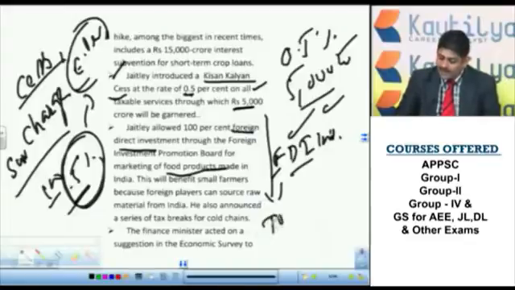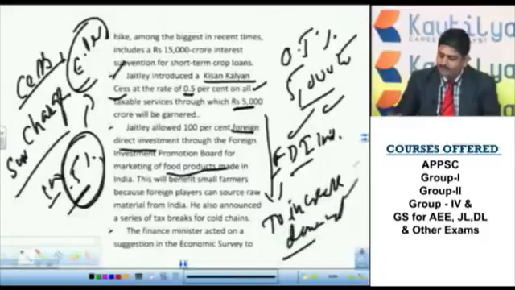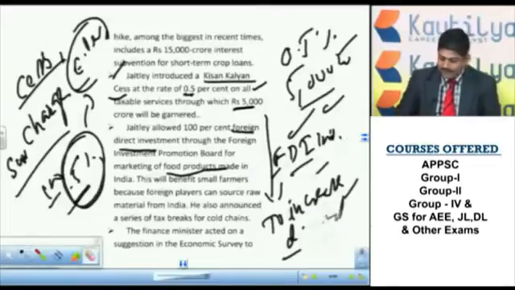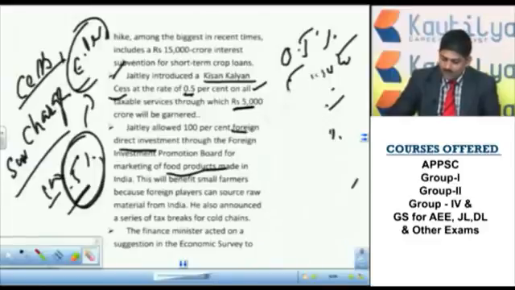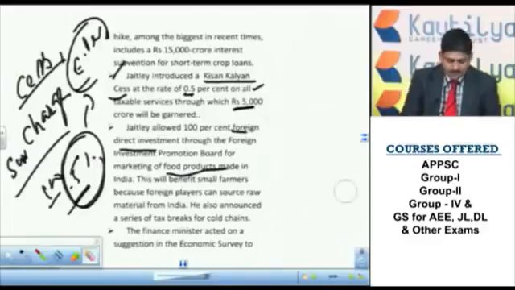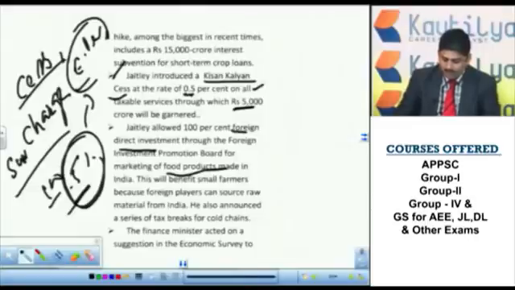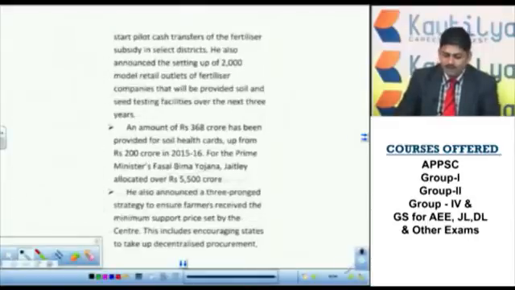Because it increases the demand for food products. If FDIs come, there is more investment, more marketing. Moreover, foreign direct investment means foreign companies will do more professional marketing compared with domestic marketing. That is the idea, so they may ask you a question like this. So this is for the welfare of the farmer community.